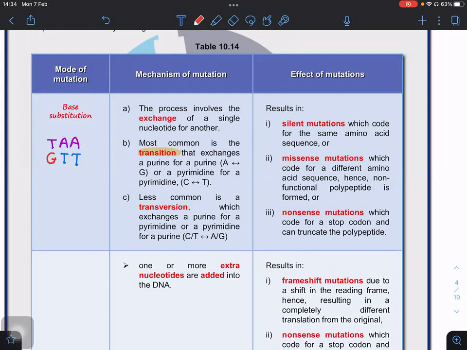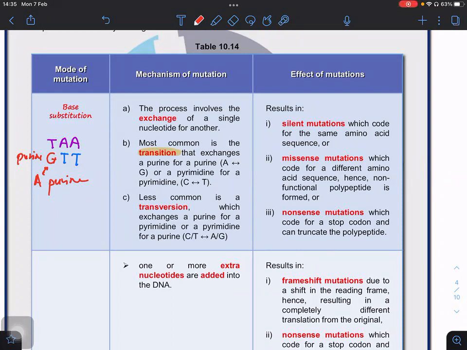It adds G. Initially A is purine, G is also purine. So when they change A to G, G to A, or C to T, T to C, this kind of exchange is called transition. Are you clear? It's called transitions. Transition is quite common compared to the transversion.